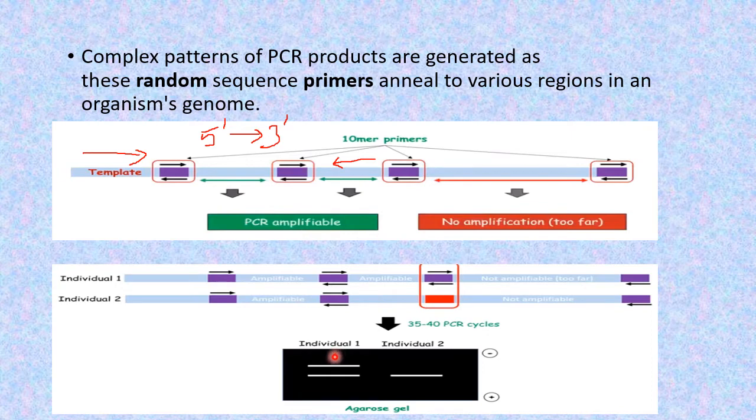So when we run the gel for these fragments obtained from these two individuals, the bands will be different. So we can identify the mutations, because of the presence of these mutations, the primer is unable to anneal to this point. So no amplification takes place at this point.